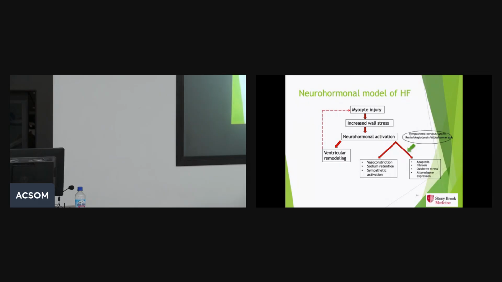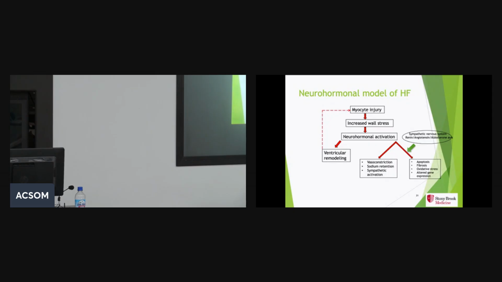And so you want to prevent catecholamines, you want to prevent aldosterone, and you want to prevent renin angiotensin. Because the last thing you want is volume and afterload in the setting of plaque rupture. Does this make sense?